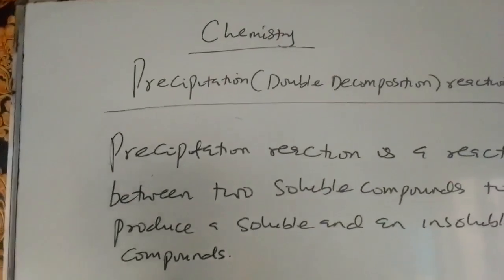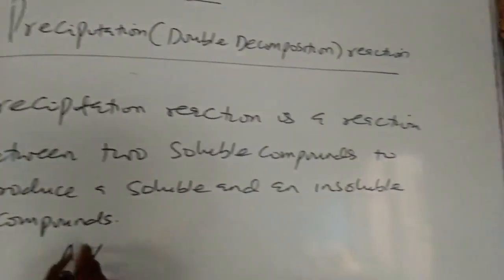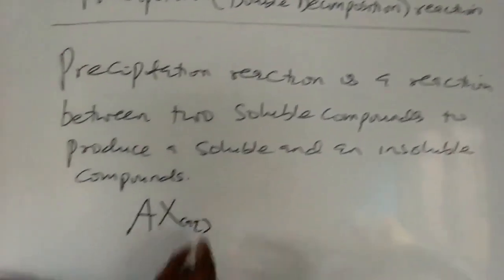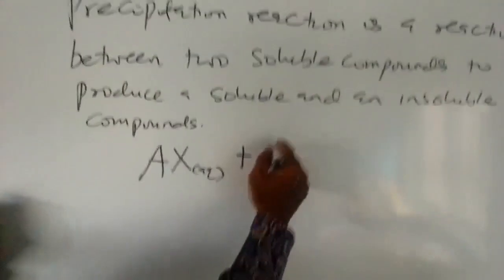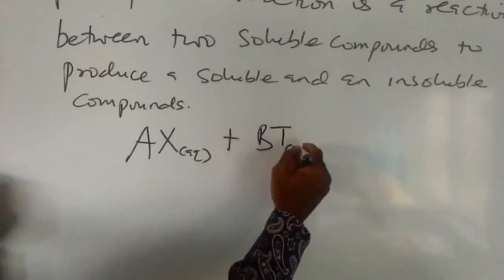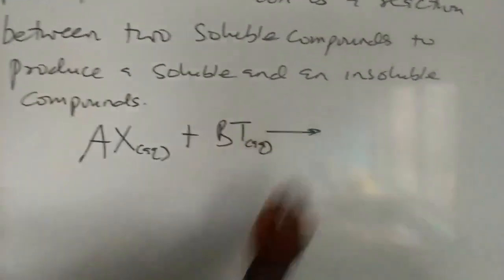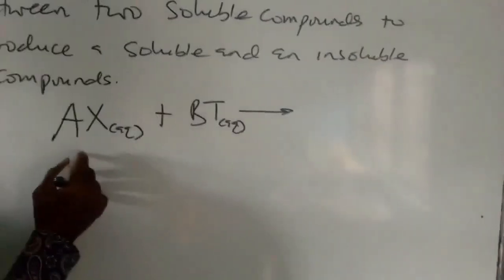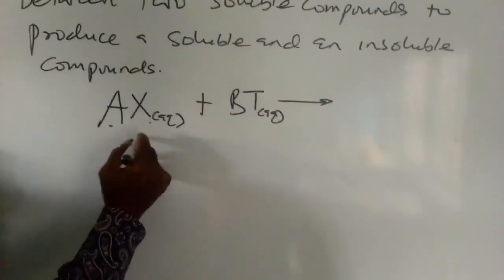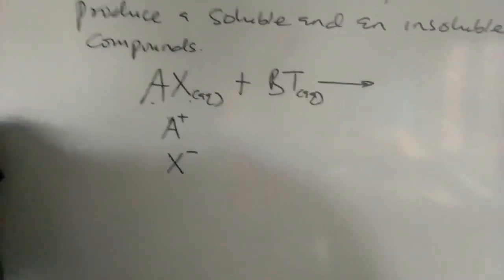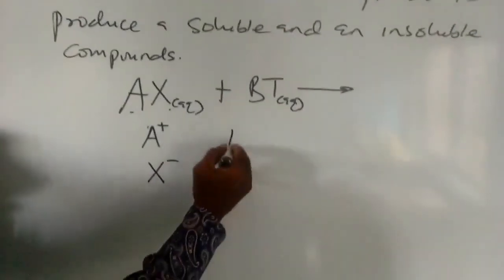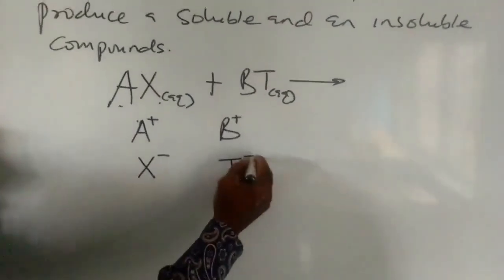For instance, you have a compound AS in aqueous state. Aqueous means soluble. React with compound BT also in aqueous state. When they combine, we can split the AS into A positive cation, S negative anion. Split compound BT into B cation and T negative anion.